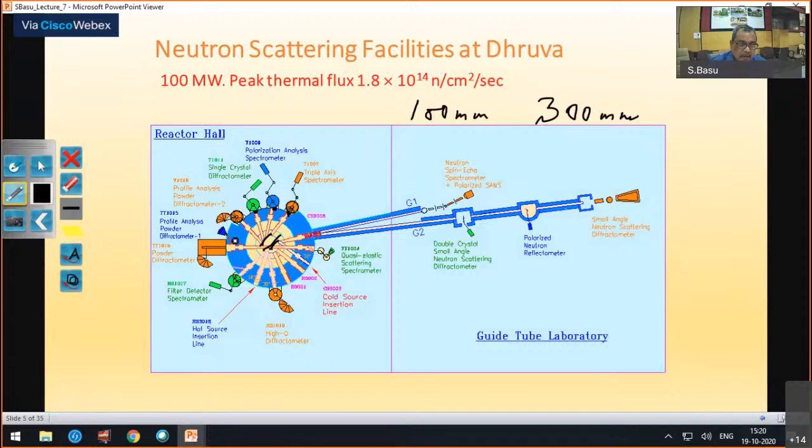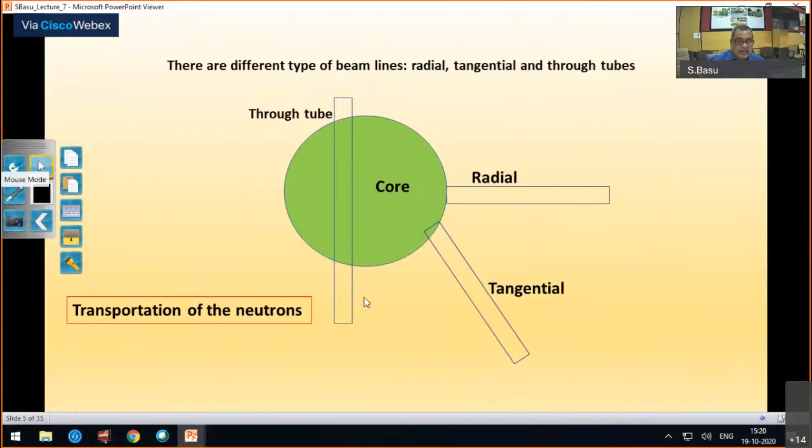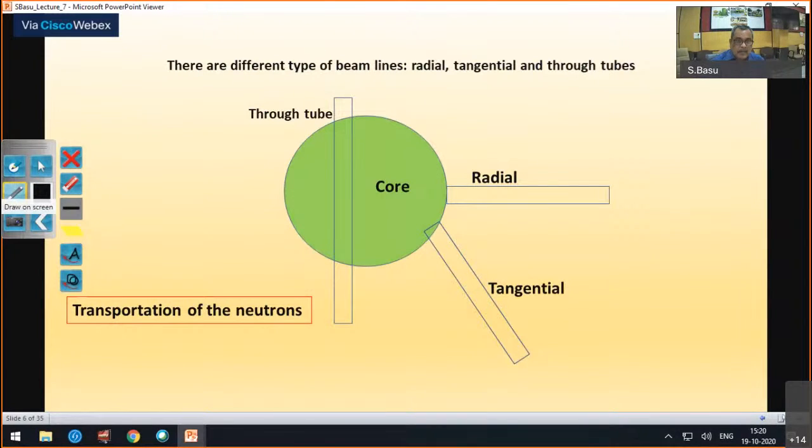Now, if you see here, there is a certain geometry to these beam lines. If this is the core, there are beam lines which are radial, that means looking at the core.